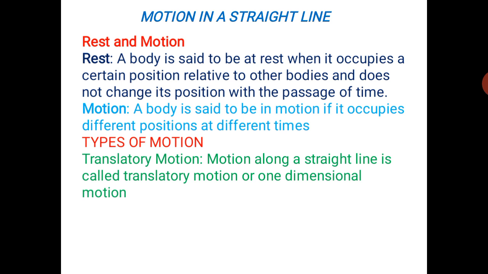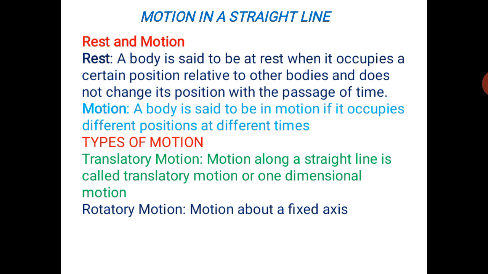Means the object is moving along a straight line or along the same line. Then we can say that motion is translatory motion. Next one is rotatory motion. That is motion about a fixed axis.